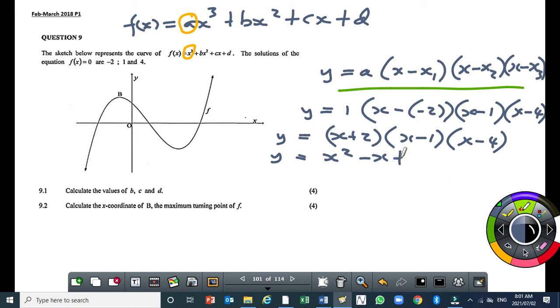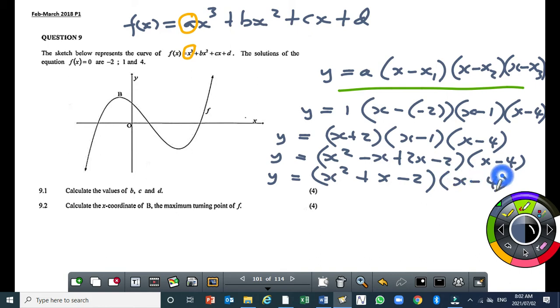Positive 2 times x gives me positive 2x. Positive 2 times minus 1 gives me minus 2, times x minus 4. I expect you to know how to do this because you did grade 9 and grade 10. Then if I simplify, minus x plus 2x gives us positive x, so you end up having x squared plus x minus 2 times x minus 4.